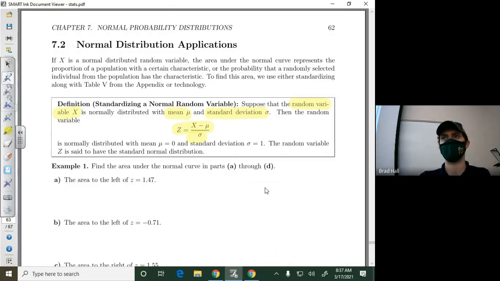Basically, there are two things we're juggling here. There's just a normal random distribution, which is a collection of class grades, the heights of people, the weights of people, the heartbeats of people. That would be normal. It's got its own mean and standard deviation, whatever it needs to be. And then there's standard normal. Not a normal, but a standard normal. Standard normal means you definitely have a mean of 0 and a standard deviation of 1.